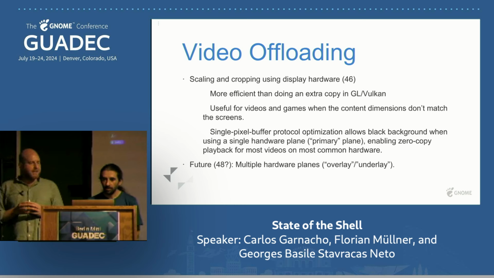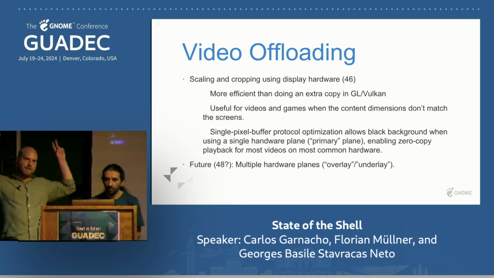And one optimization, which I'm very happy about, is that we also allow direct scanout, which is like sending the content directly to the display hardware, even if it needs black bars on the side. For that, in some cases, we need the information from the client that this is a black area.